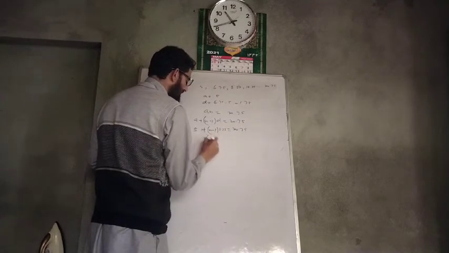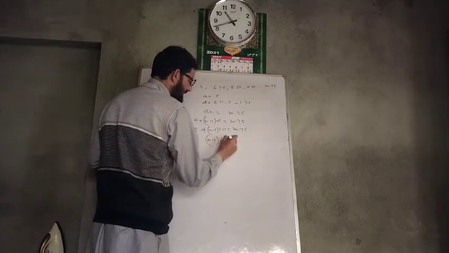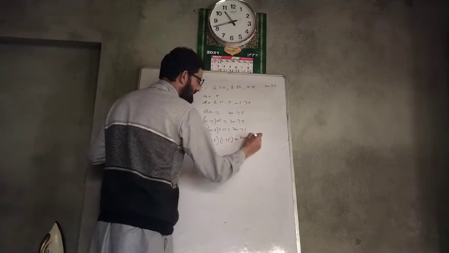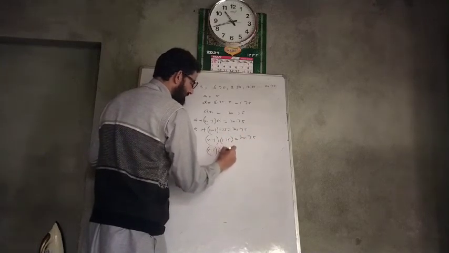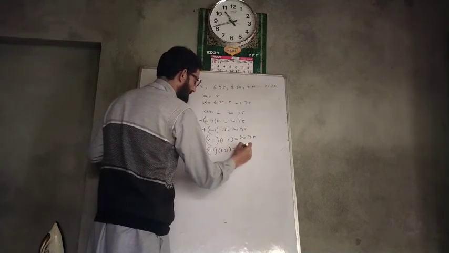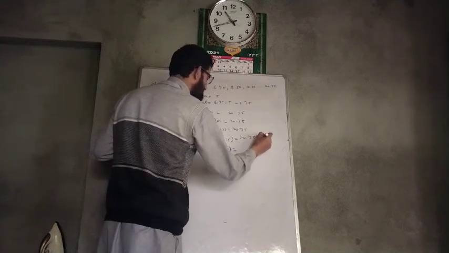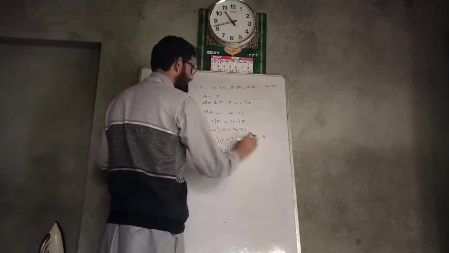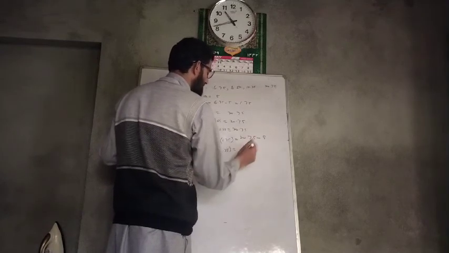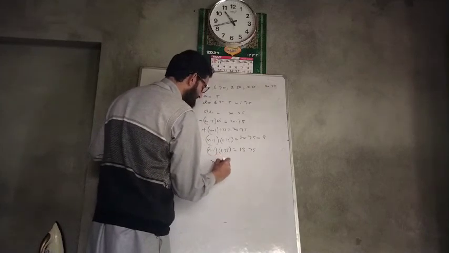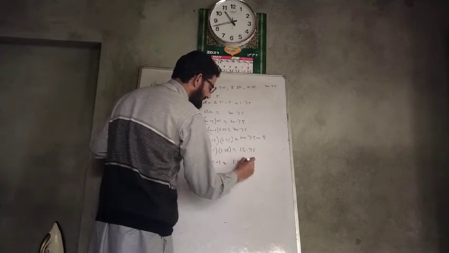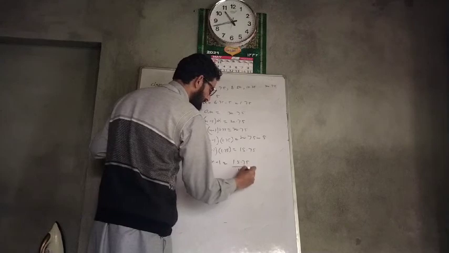So (n minus 1) into 1.75 is equal to 20.75 minus 5. So this 5 will be shifted to the right hand side, it will become minus, so it is 15.75. So what is n minus 1? It will be 15.75 divided by 1.75.